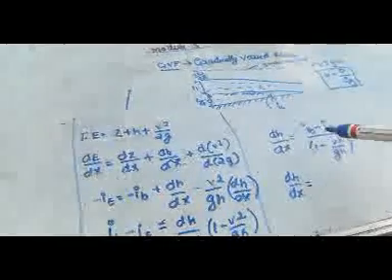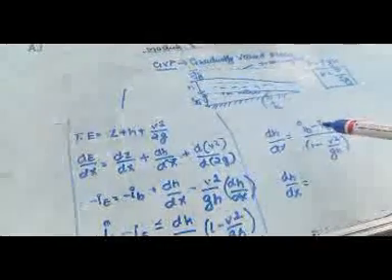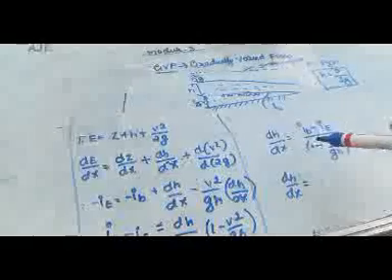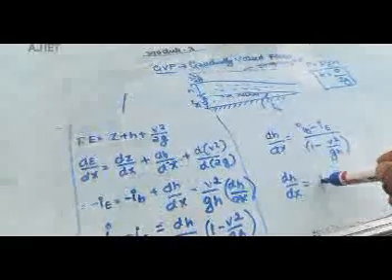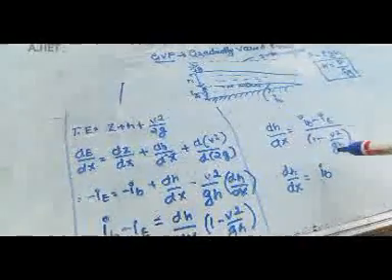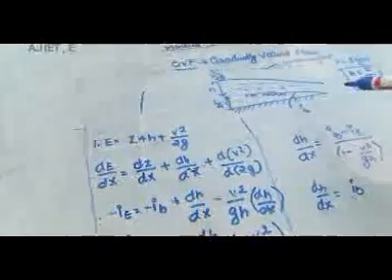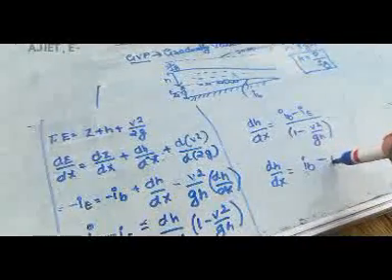Here dh by dx is equal to IB minus IE divided by 1 minus v square by gh. IB is the slope of the bed, and IE is the slope of the energy line.